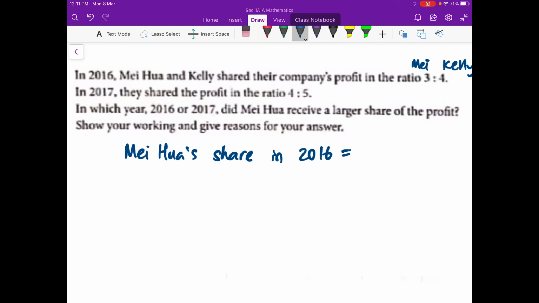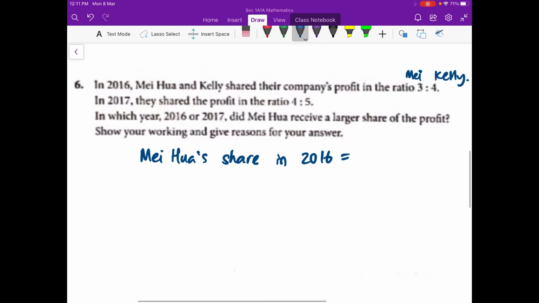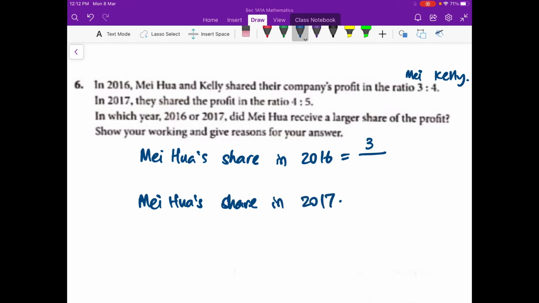How much is this ratio or this fraction? She got 3 units out of how much? Okay, fill in the blank. Then Mei Hua's share in 2017. This time she got 4 units out of how much? Are you sure? Fill in the 2 blanks for the denominators.